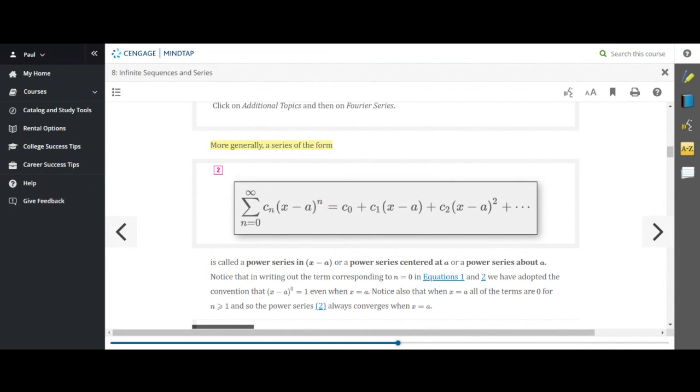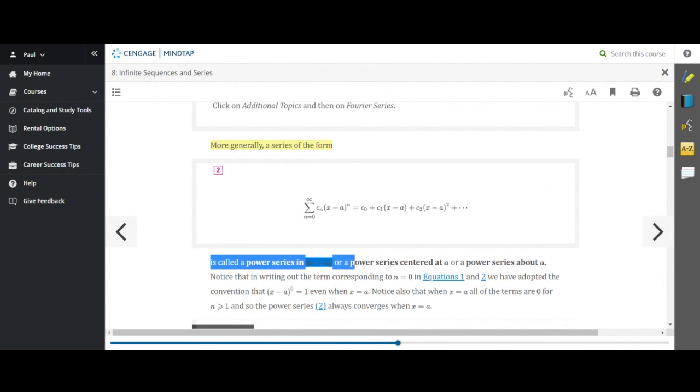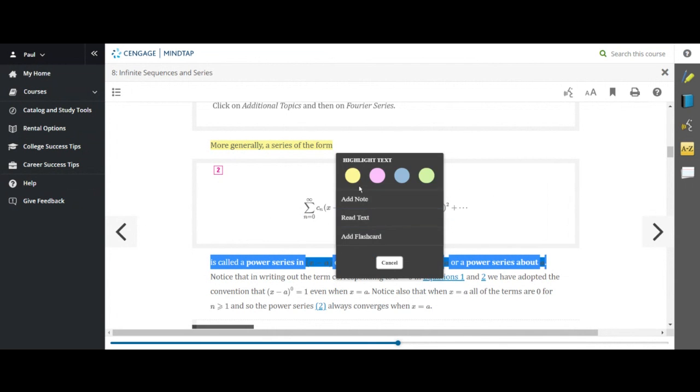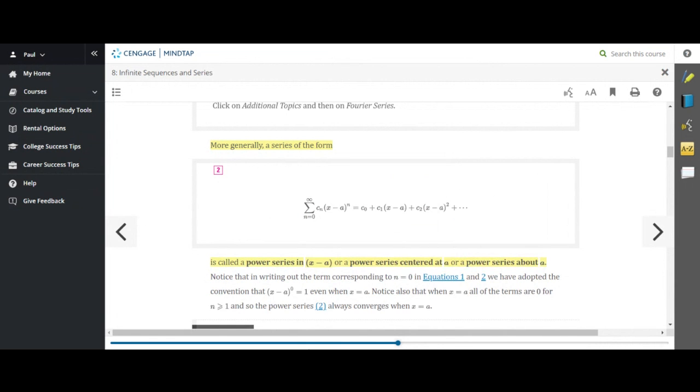So before you had x to the nth power, but you could make that x minus a to the nth power, and that's very general, because a could equal 0, which would give you the power series that you just saw before. If you use this form, it's called a power series in x minus a, or a power series centered at a.